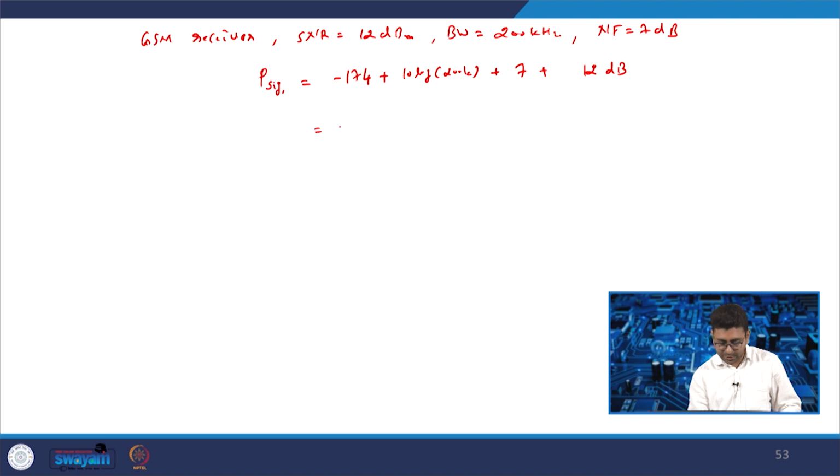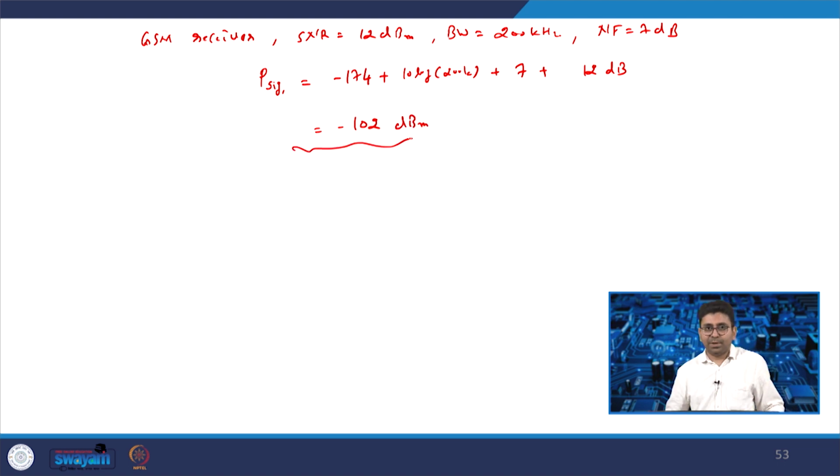So roughly it will come around minus 102 dBm. So this much weak signal is coming to your GSM receiver, and you can also get any receiver sensitivity.